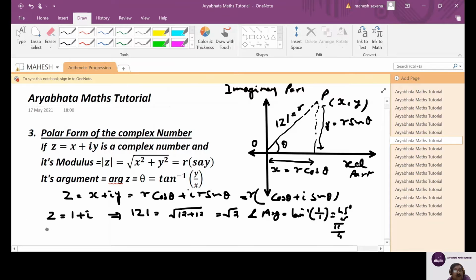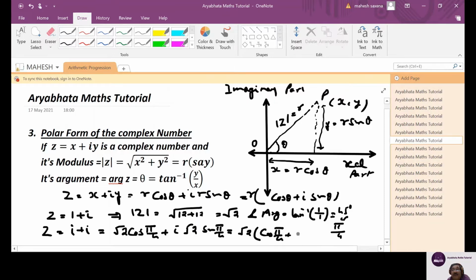Therefore, its polar form will be z equal to 1 plus i equal to root 2 cos pi by 4 plus i root 2 sin pi by 4. If you take root 2 common, it is root 2 times cos pi by 4 plus i sin pi by 4.